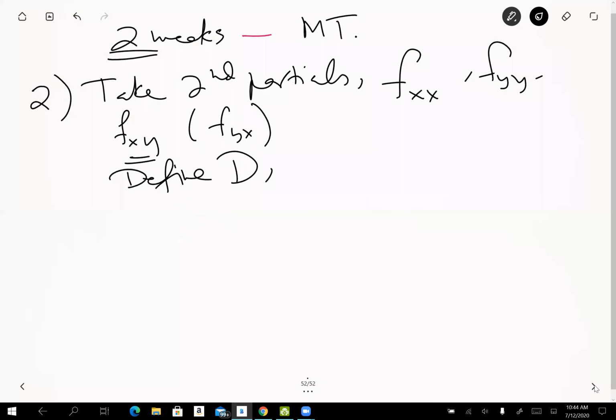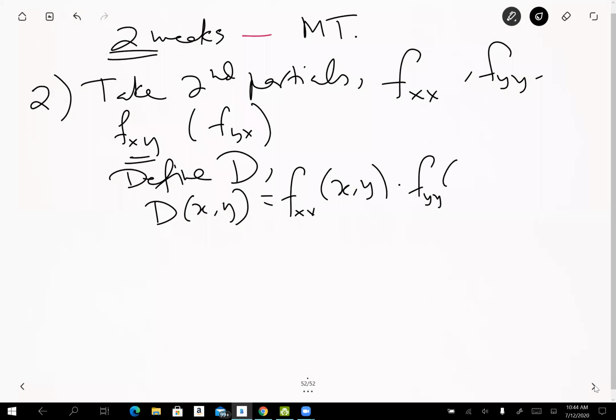So you find D, and D is a function of x and y that is equal to fxx, which is a function of x and y, multiplied by fyy, which is also a function of x and y. You have to subtract fxy, also a function of x and y, everything squared.